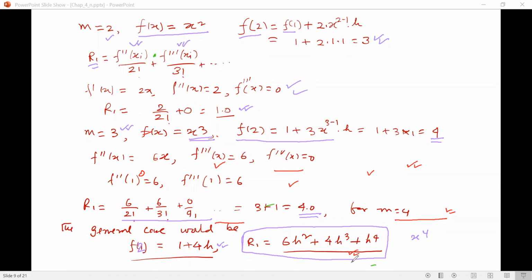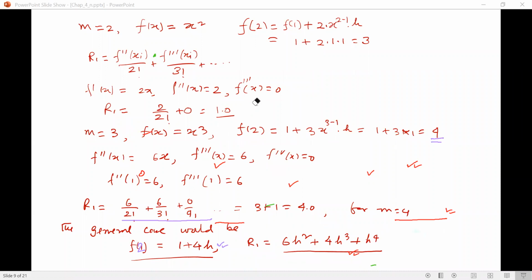And that will tell us how your remainder is being affected by the step size. And you will see that your step size will have a profound effect on that remainder value, as is shown in your next slide.